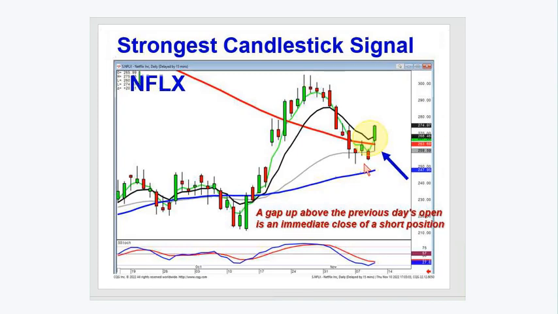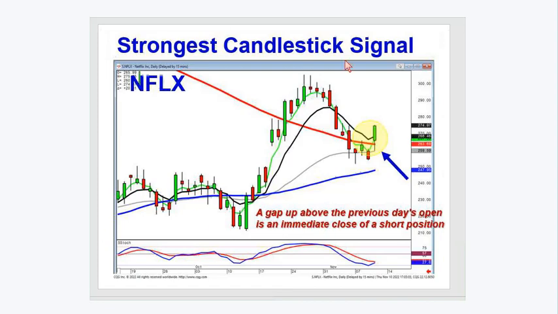So if you were short Netflix, if we know that after a bearish candle, they're gapping it up above the previous day's open, what's the first thing you want to do if you're short? Close it immediately. Because logic says if you're in a downtrend, they shouldn't be gapping up above the previous day's open, especially down here in the oversold area. Close it out.